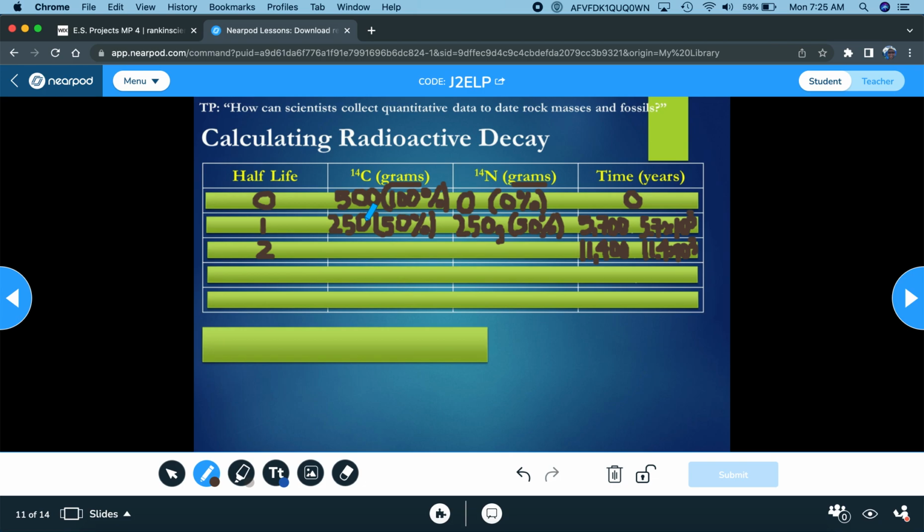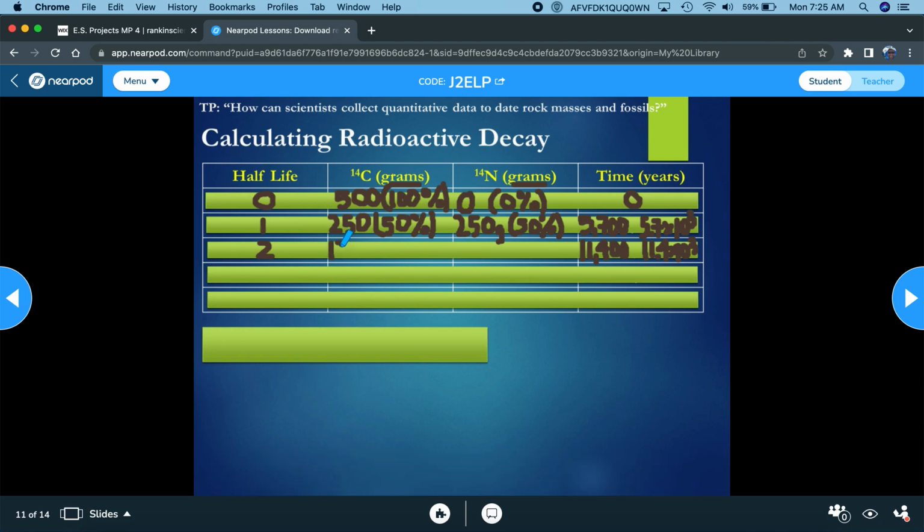Now we have to do half of 250. If you take half of 250, that will give you 125. Half of 50 is 25%.